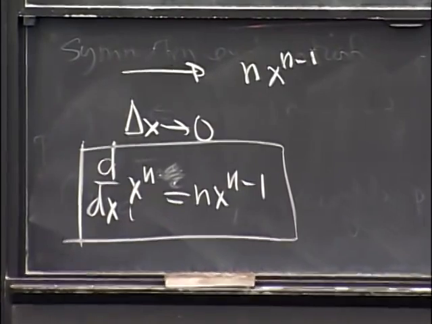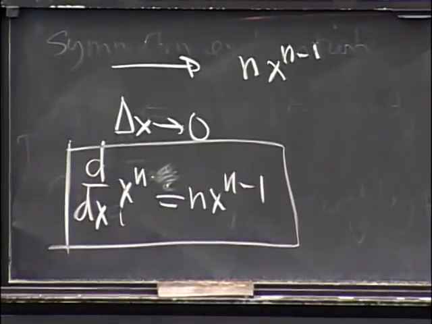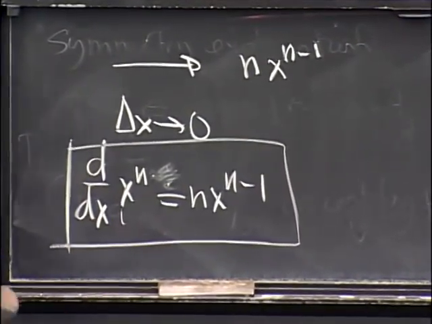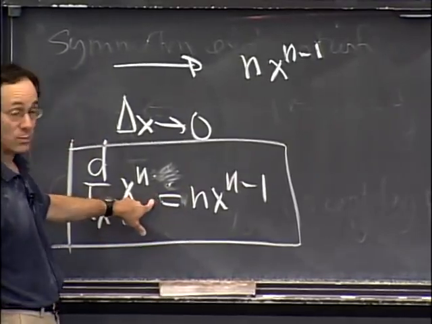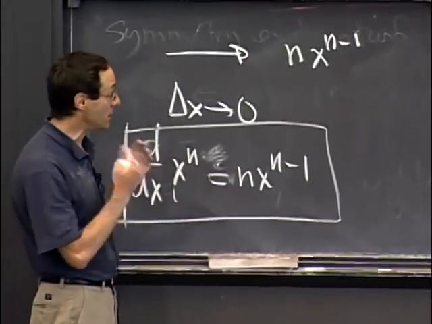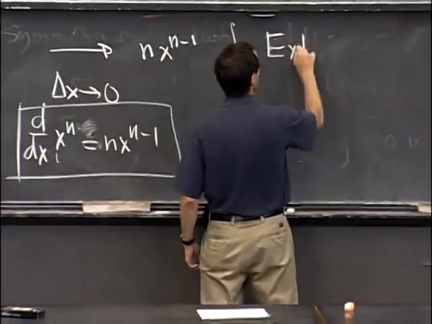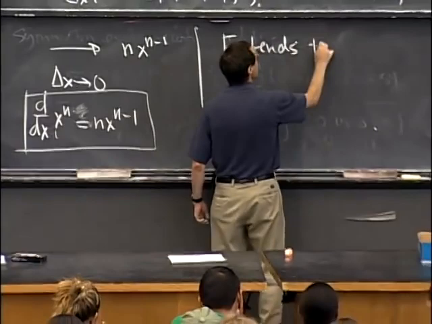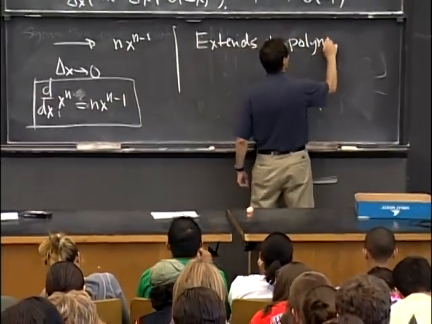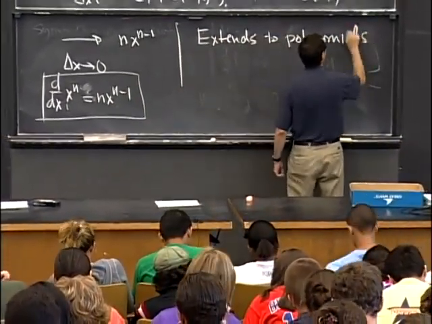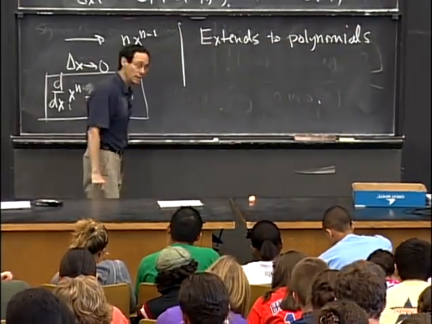So now this is going to be super important to you, right on your problem set in every possible way. And I want to tell you one way in which it's very important, and one way that extends it immediately. So this thing extends to polynomials. We get quite a lot out of this one calculation.